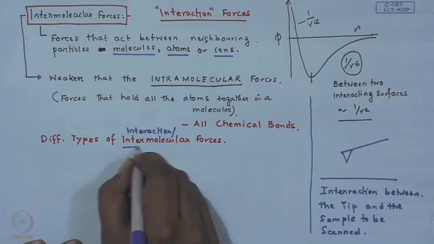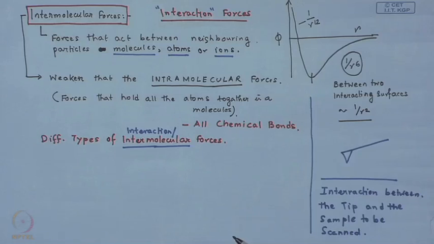So, it is important that we understand that though interchangeably we might be using the word intermolecular forces, more appropriate would be to use the word interaction forces. So, all these r to the power 6 scalings and all these things, and we have already talked about one specific form of intermolecular forces, and that is the induced dipole type van der Waals forces, which is often or loosely referred to as the van der Waals forces, but more appropriately they are the London forces or the dispersion forces.